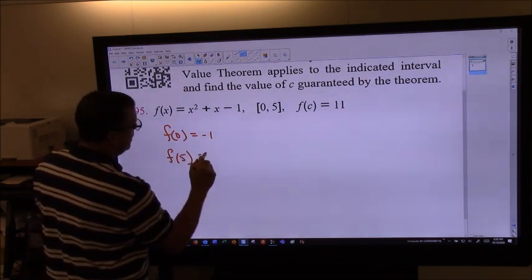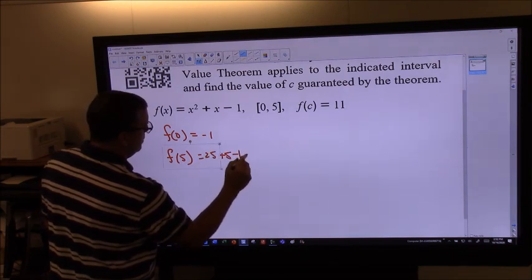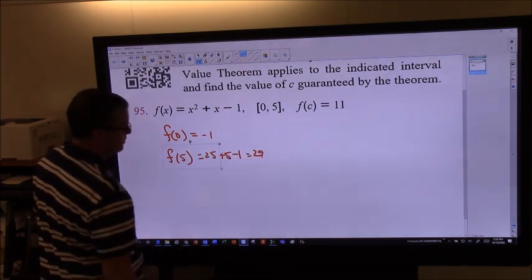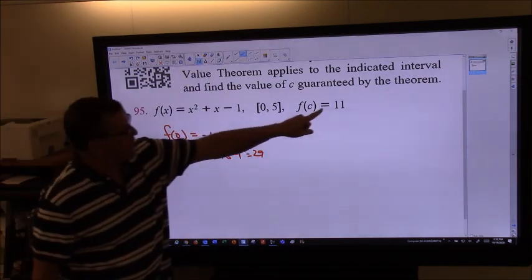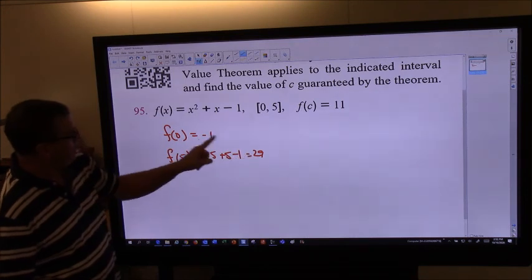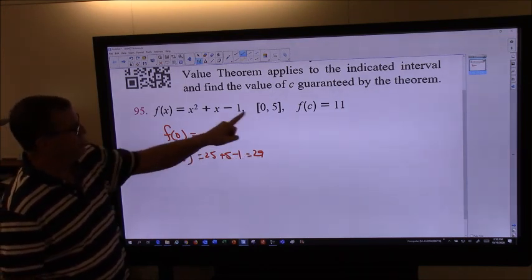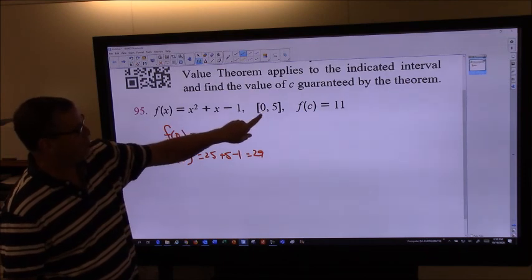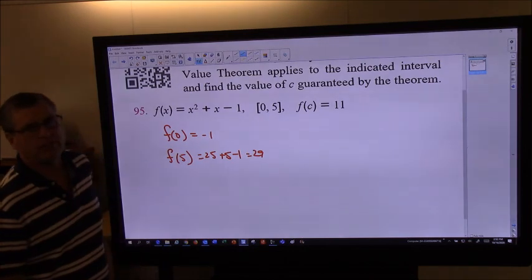So when I plug that in, I get 25 plus 5 minus 1. That's going to be 29. So since 11 is between 29 and negative 1, then there's got to be some c value somewhere in this interval where f of c equals 11.